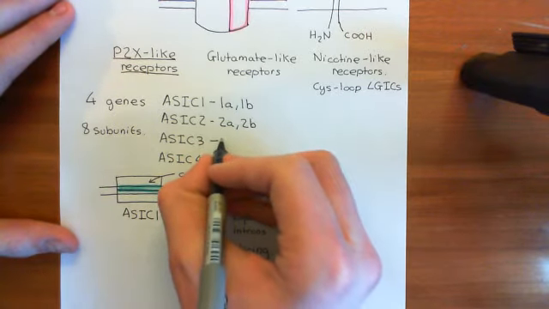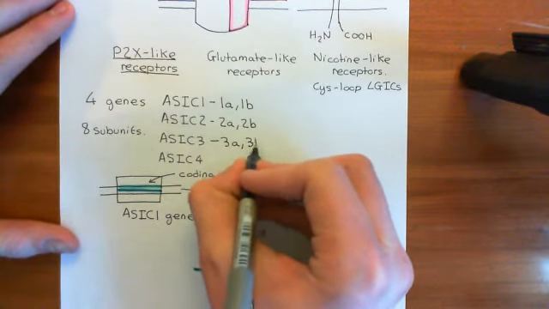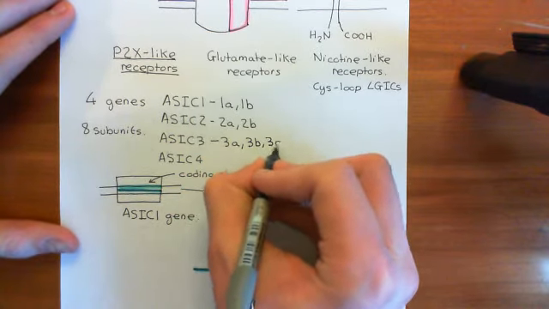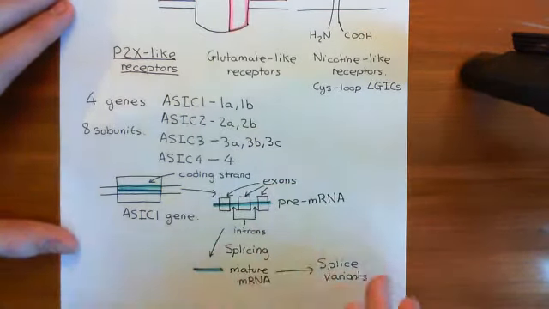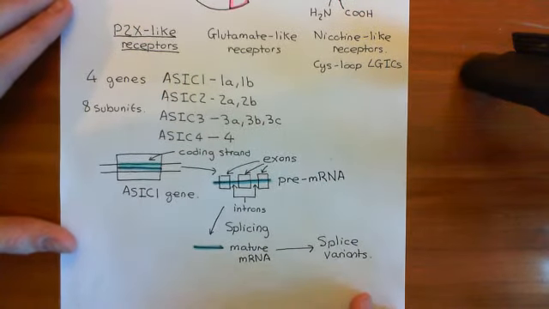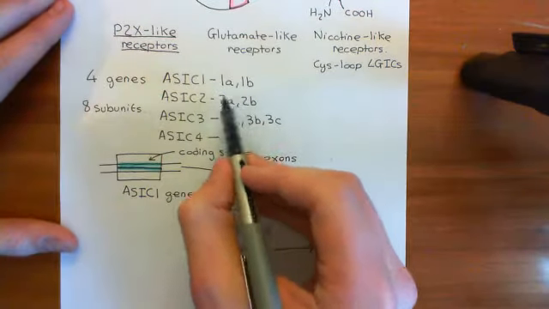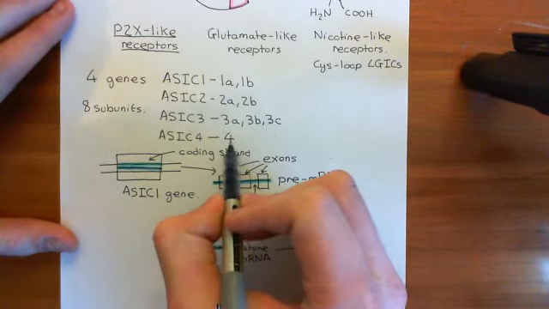ASIC3 has 3 different splice variants known as ASIC3A, ASIC3B, and ASIC3C, and ASIC4 has only 1 known mature piece of mRNA that can be produced, and therefore only 1 known protein. So that gives us a total of 8 different subunits. 1, 2, 3, 4, 5, 6, 7, 8.